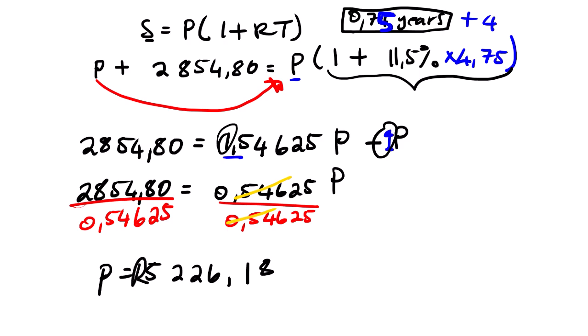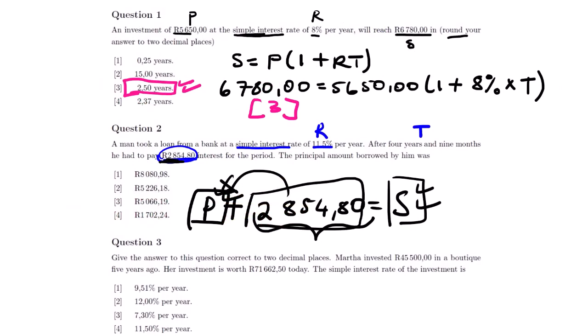So this is actually the amount. Now when you look at our options, we can see that option 2 is the correct option. So question 2, it's option 2.